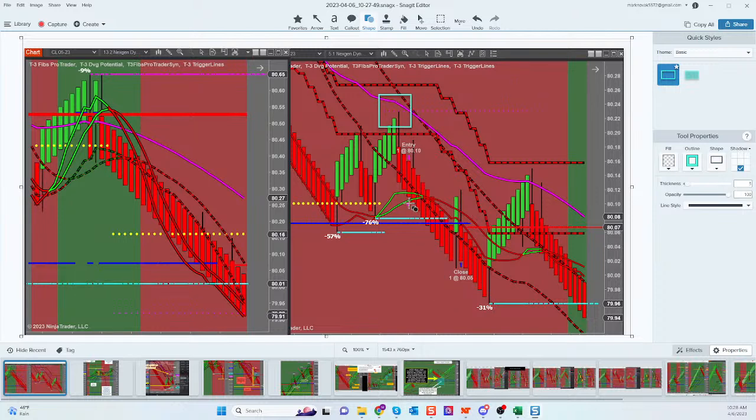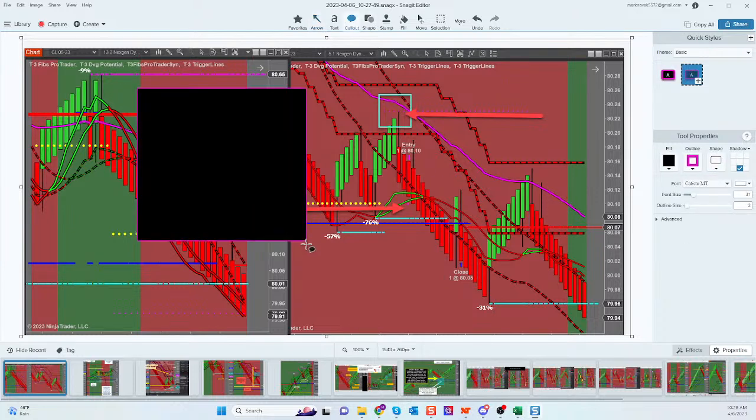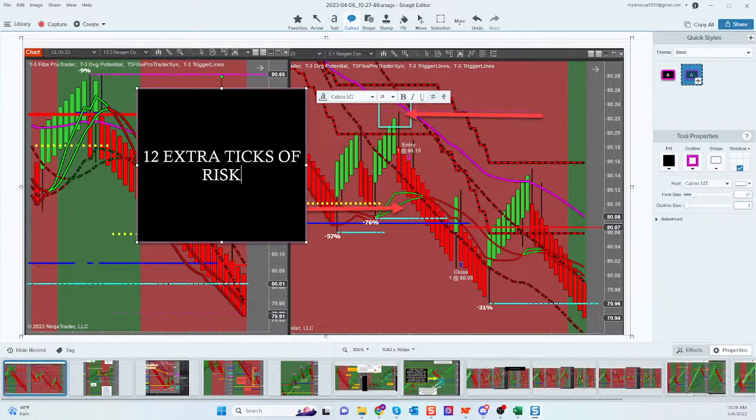Because this is a beautiful example of how momentum carries you to the next level anyway. Your entry was at 22. You're in at 10. What does that mean? That means 12 extra ticks of risk, 12 less ticks of profit.